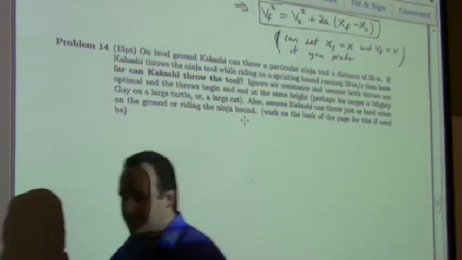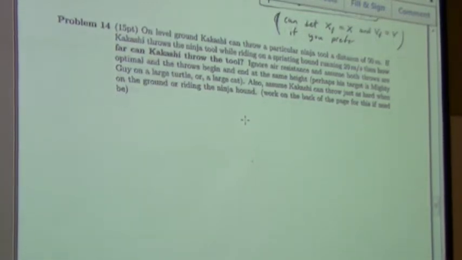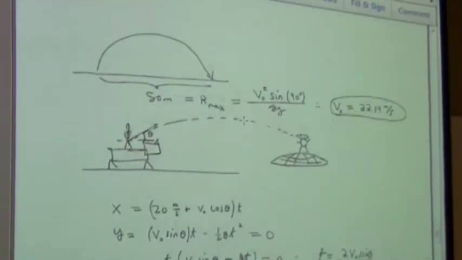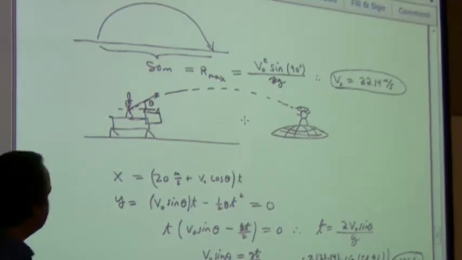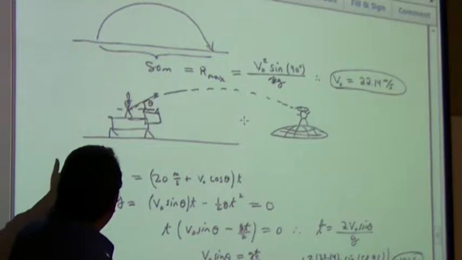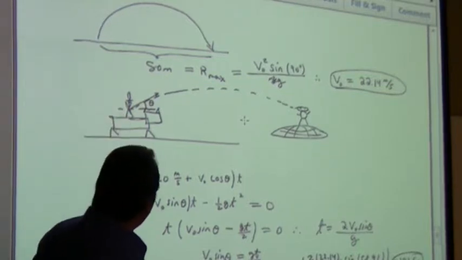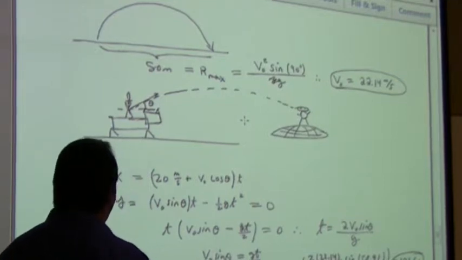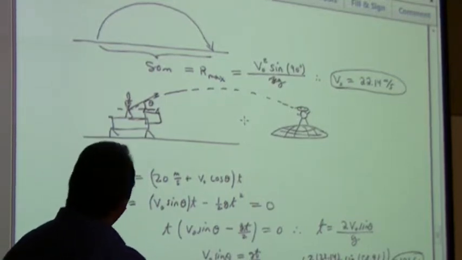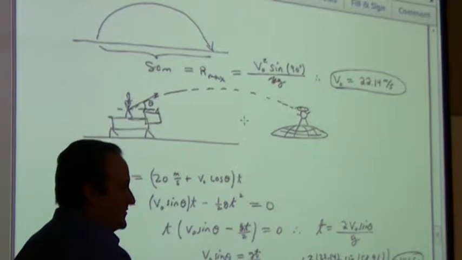You can actually find a number for that, without any kind of, here's my sloppy solution. I haven't had a chance to write it very cleanly yet. So there's my ninja hound, and there's your Kakashi. Should we put a mask on? I don't really draw more than one stick figure.